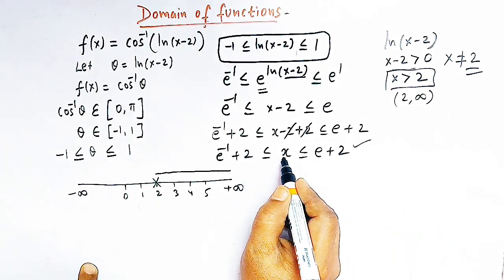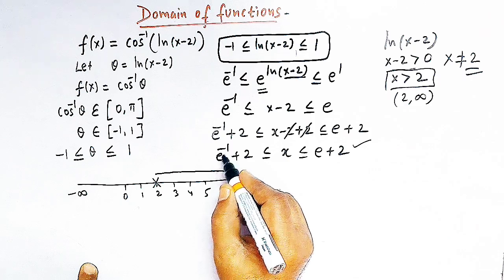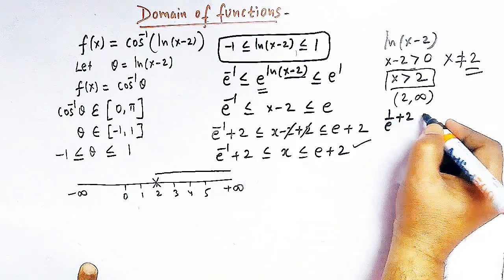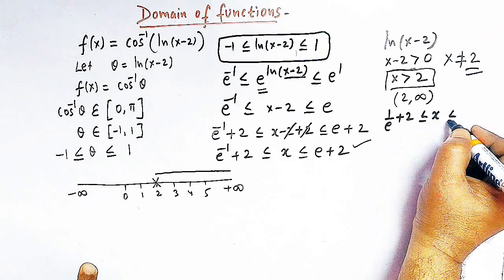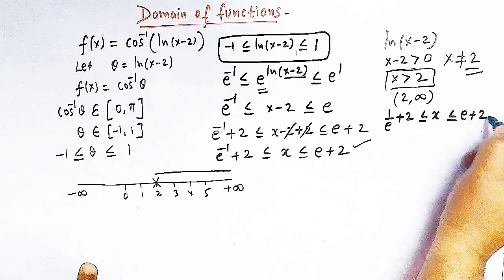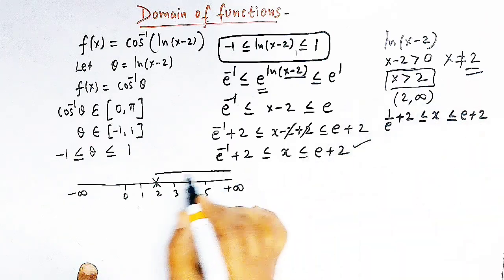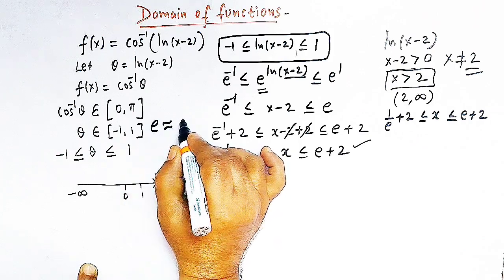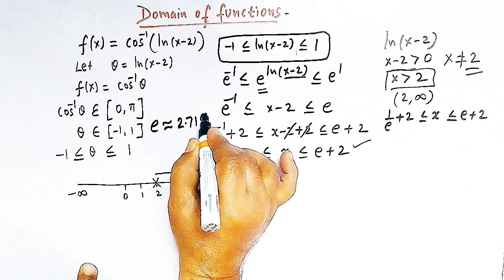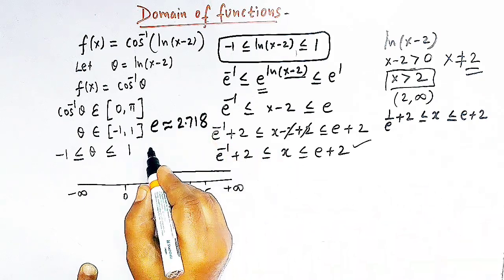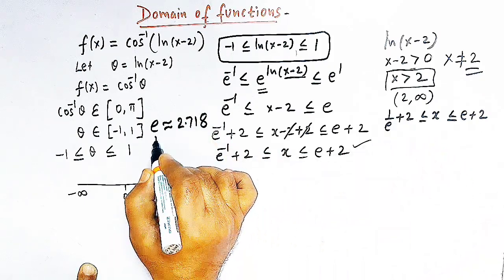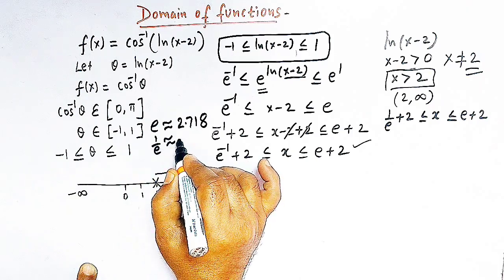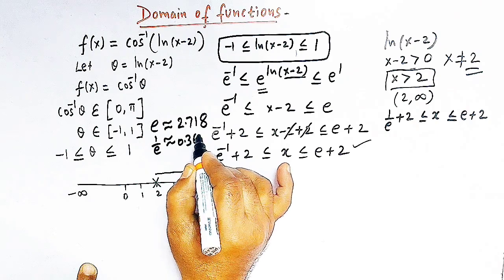So here we have x greater than or equal to e raised to minus 1 plus 2. So here we can write 1 over e plus 2, and here we have x, and here we have e plus 2. Now we know that the approximate value of e is equal to 2.718, right? And the value of 1 over e can be written approximately as 0.3678.